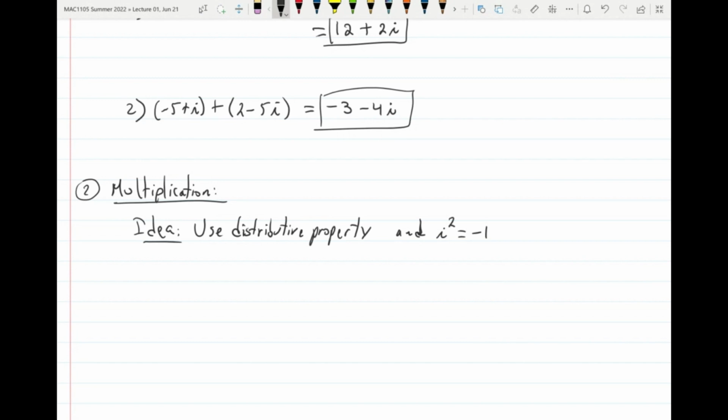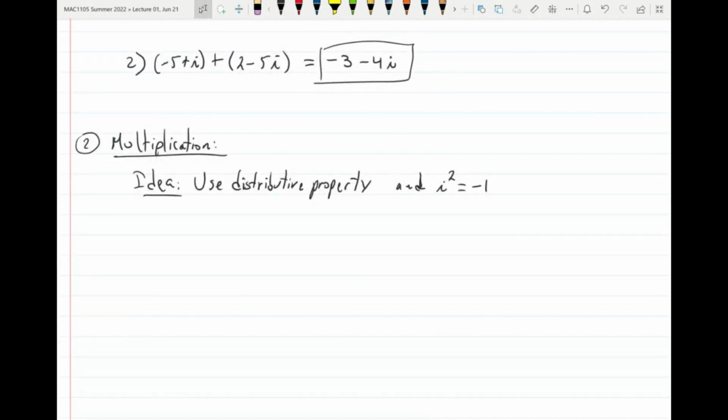So use the distributive property and use the fact that i squared equals -1. And then write the answer in standard form, which is a plus bi.